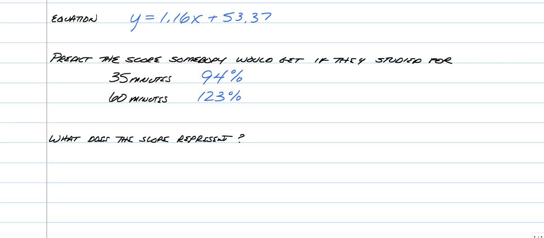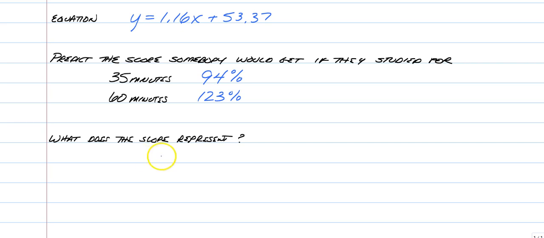And then, of course, what does the slope actually represent? So when you're working with models, your slope, in this case, was 1.16, but you need to be able to interpret what that means. And basically what it means is how much your grade increases per minute of studying. That's what it means.